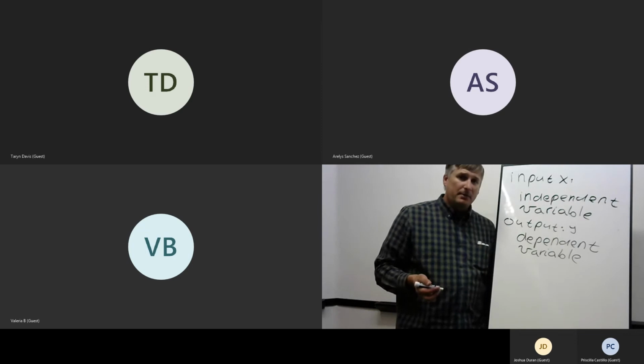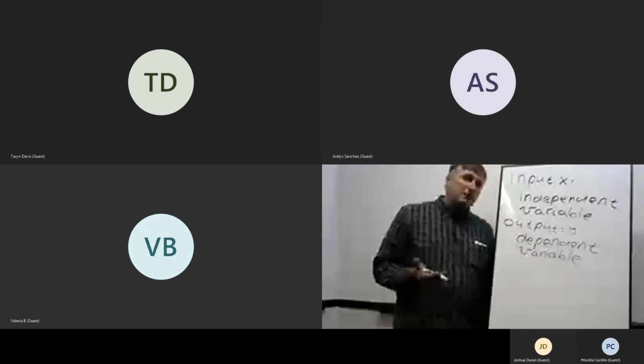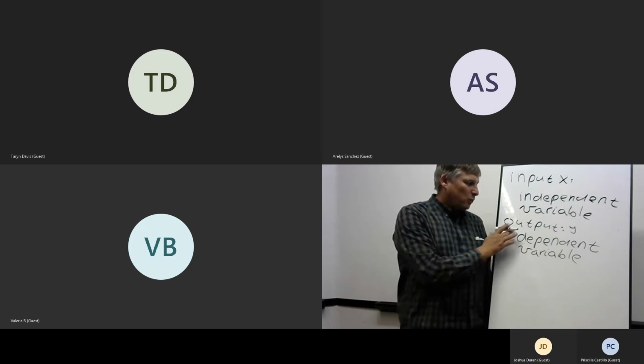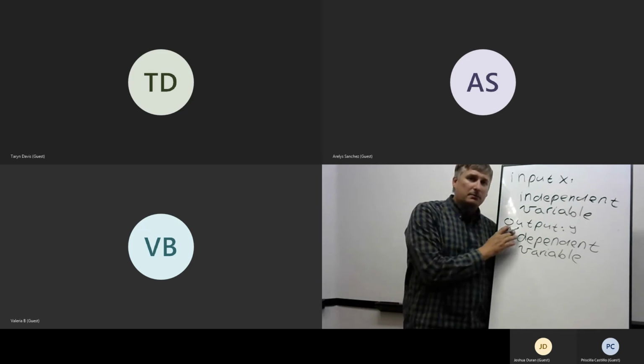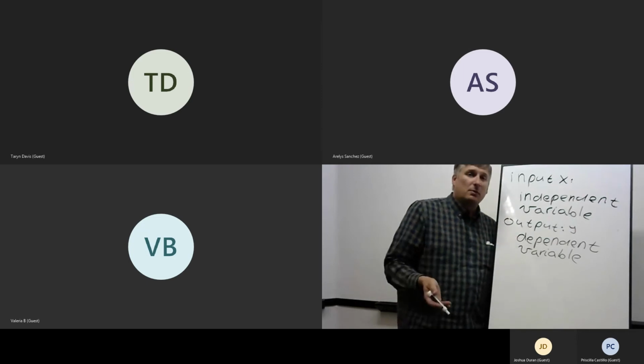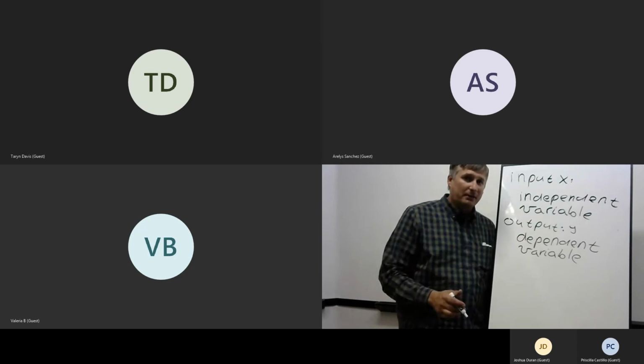The reason we call it the dependent variable is because it's dependent upon the value you choose for x. So we sort of have to wait to find out what y is going to be. You choose x, do the calculations, and then we'll discover what y turns out to be. It depends on your choice of x.